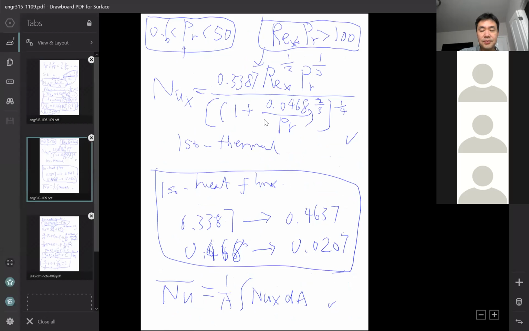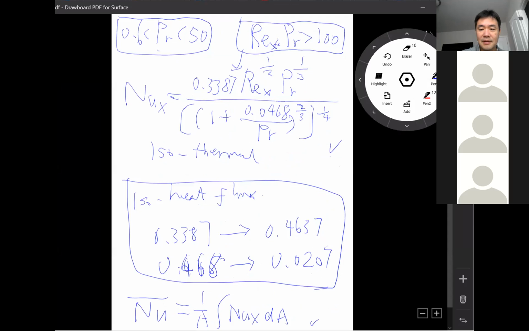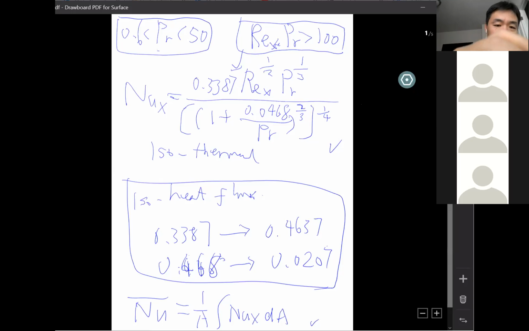We also presented the equation for Prandtl number outside of this range. Be careful, the note here is outside this range. Outside this range, you have an equation like this.